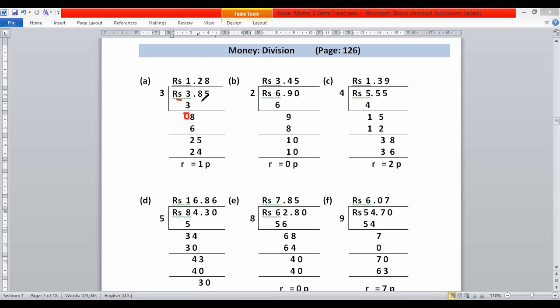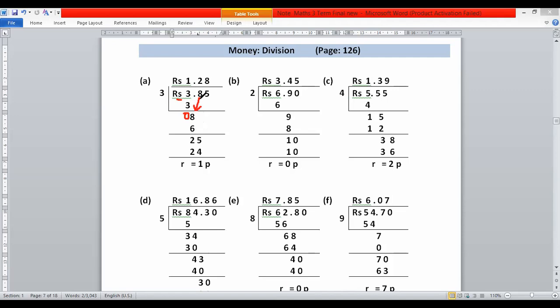After that you shift the next digit. Dear students, remember that next digits are 8 and 5. These are paise. So we are going to divide paise. So first of all we divide the next digit. Next digit is 8. 8 is greater than 3. So we can divide 8 by 3.